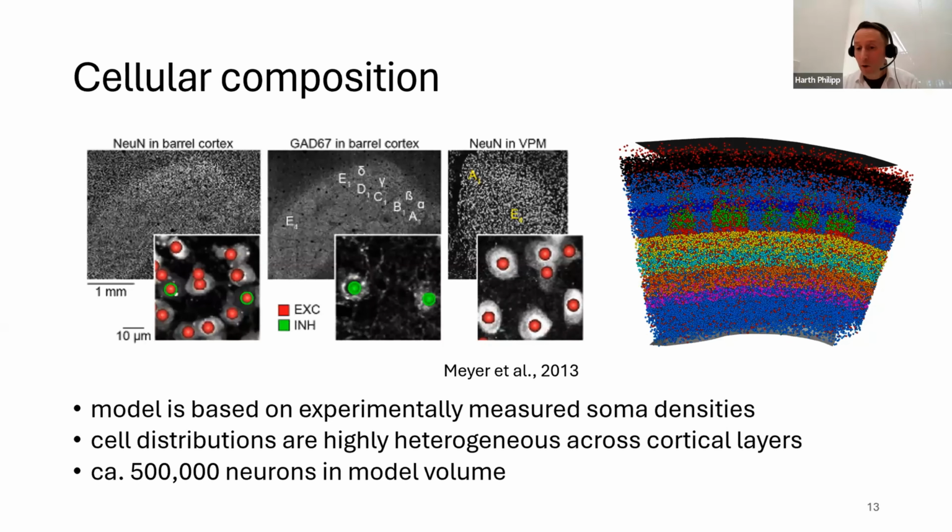And within the model volume of the barrel cortex, we find 500,000 neurons. And one important aspect is that the distribution by cell type, here on the right, where we have colored these neurons by cell type and cortical layers, is highly heterogeneous. For example, here we see in these green areas these barrels where the composition of cells is actually different than in the surrounding septa in layer 4.